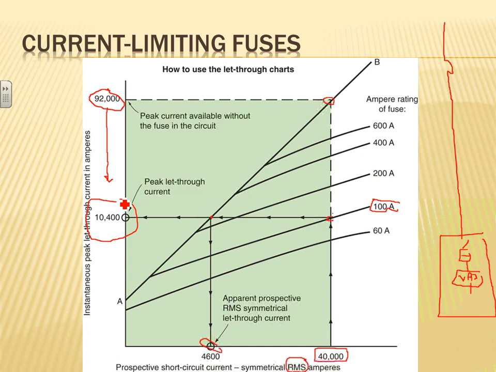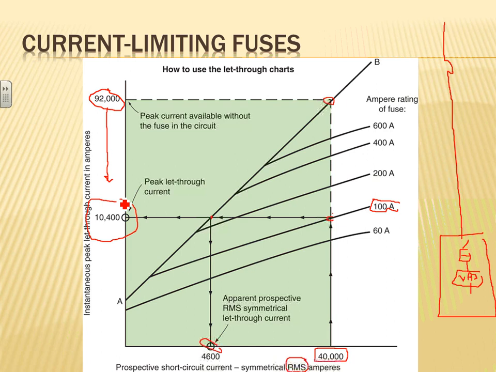You have to go through all the curves because it's possible that the 20,000 amp maximum fault current curve for that same fuse lets through more energy than the 40,000 amp curve does. So you have to get all of the fuse let-through curves for that fuse and analyze each one of them in the worst case, because he proved to me that a fault current lower than the maximum could let through more fault current. Seems counterintuitive, doesn't it?